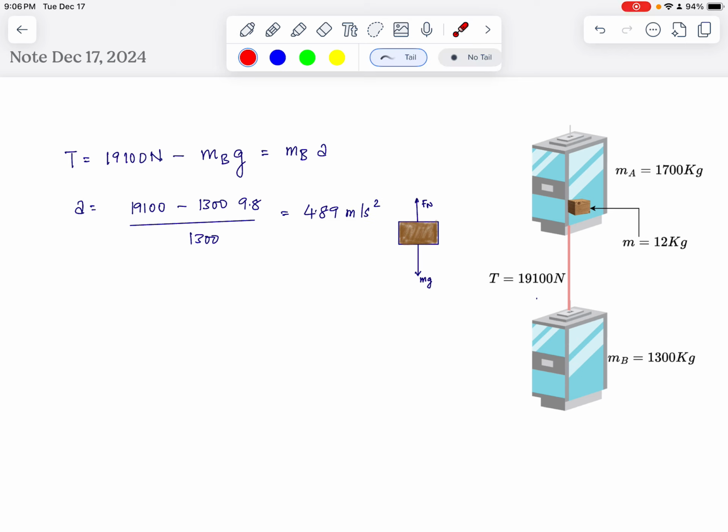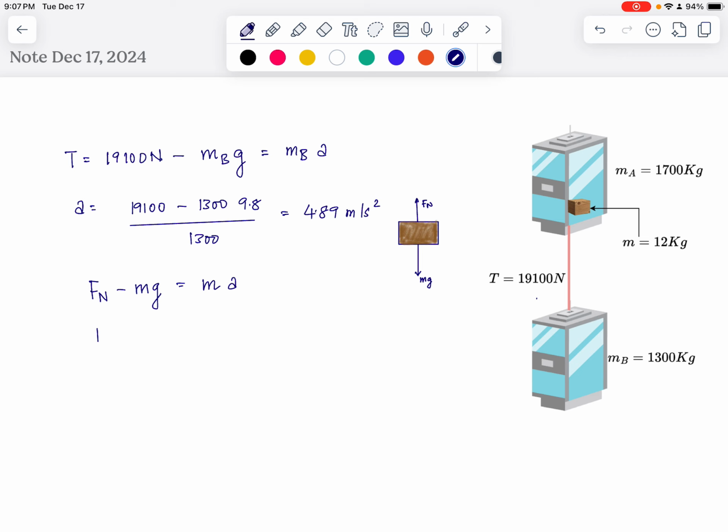So what we know here is that this entire system is moving together. So the acceleration of this elevator is equal to the acceleration of this elevator, and that's equal to the acceleration of the block of wood that's sitting in there. So here, if we draw a free body diagram for the block of wood, we see that the normal force minus the weight is the net force acting on the block of wood, equals its mass times acceleration.